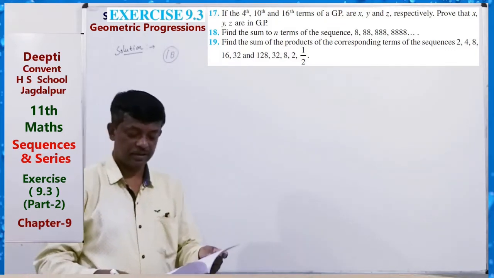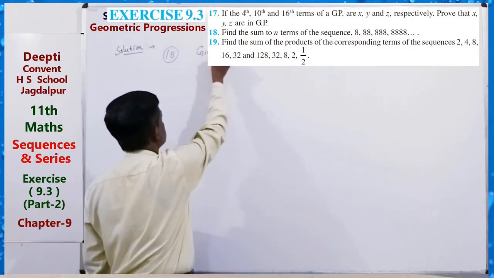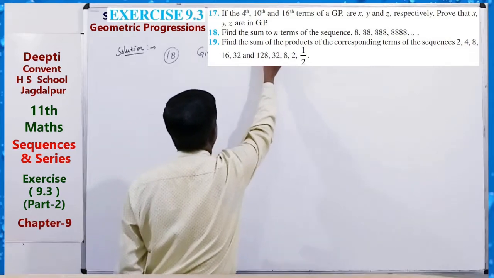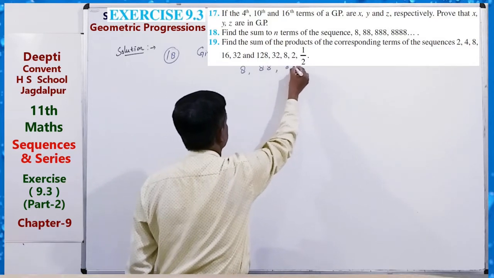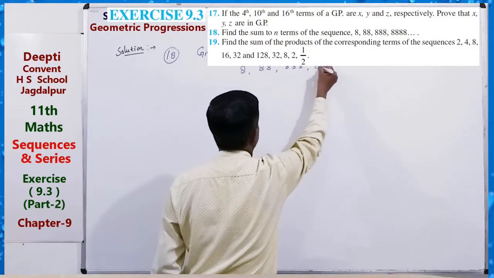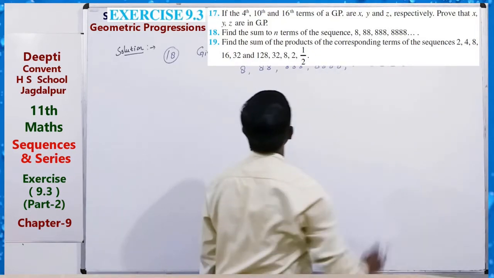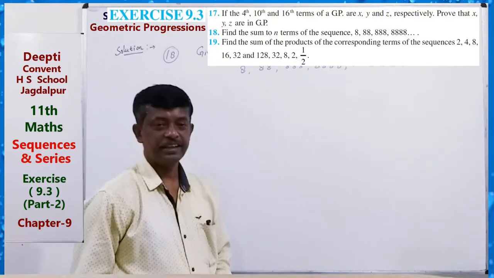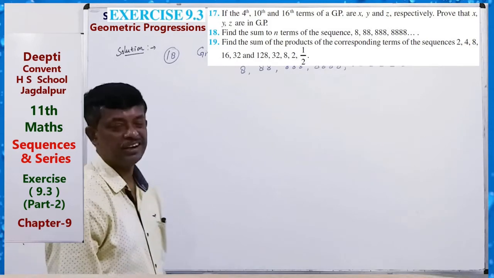Here the given sequence is 8, 88, 888, 8888, and so on. This is the given sequence, and we have to find the sum up to n terms, that is, we have to find Sn.